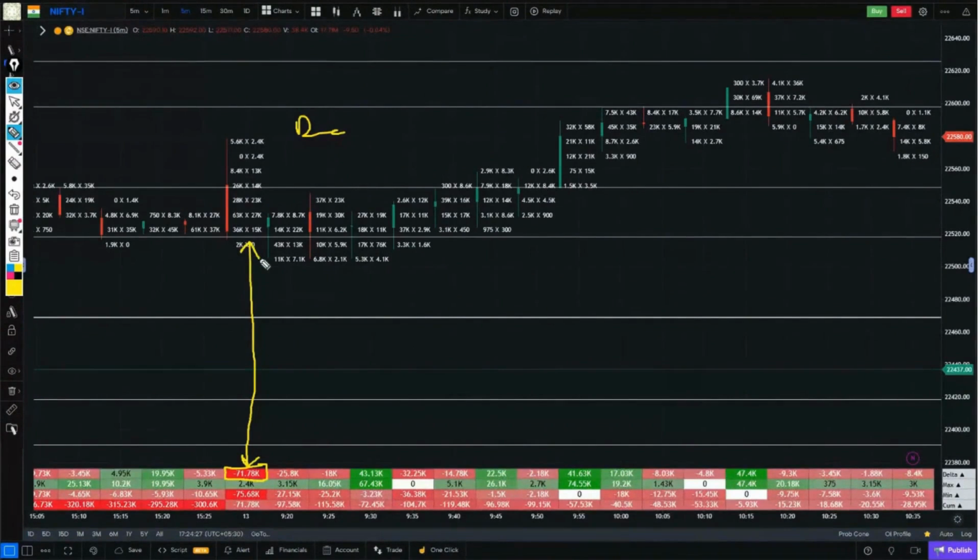How many more? Around 70,000 more sellers as compared to buyers. Meaning, if we take a round calculation, like 1,70,000 were sold within this candle. And how many buyers were there? 1 lakh. So who was more? The sellers were more. By how much? 70,000 more. This delta has shown us here.